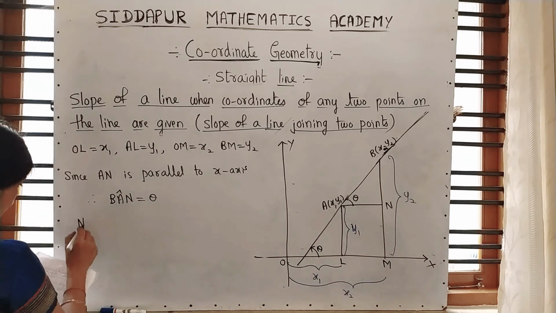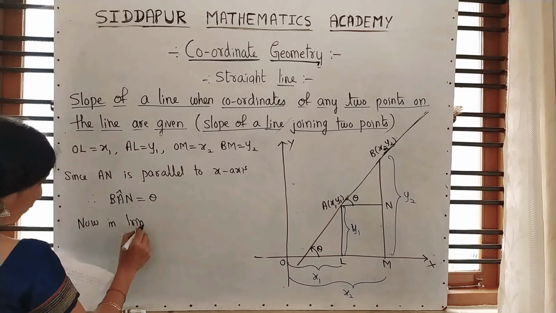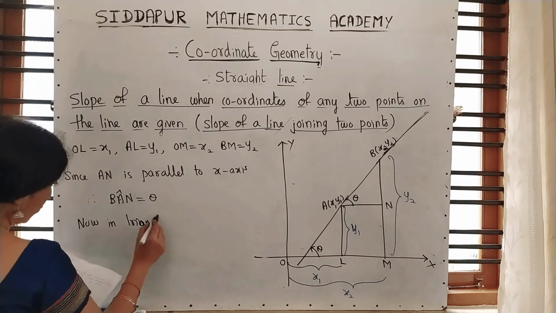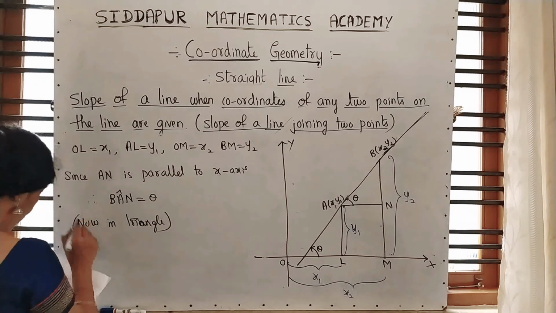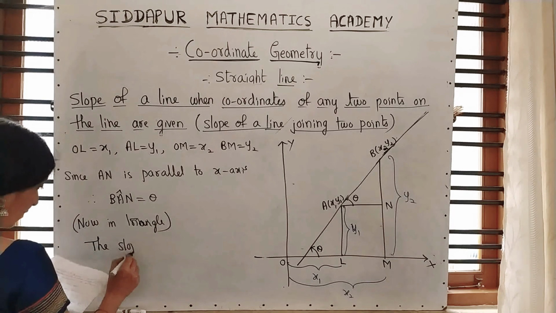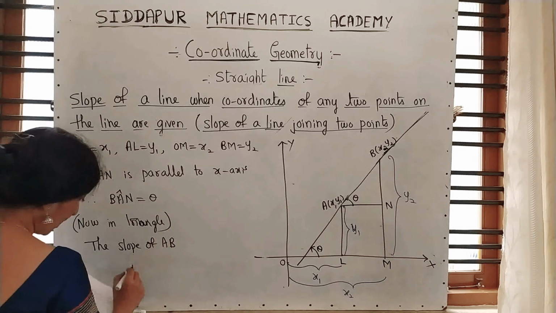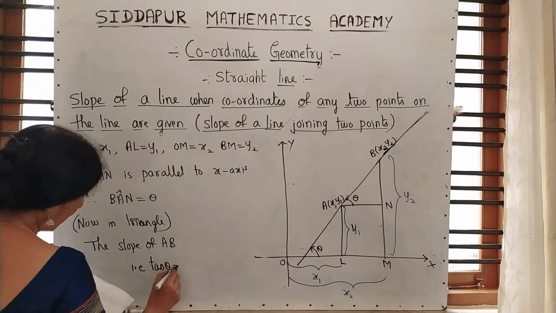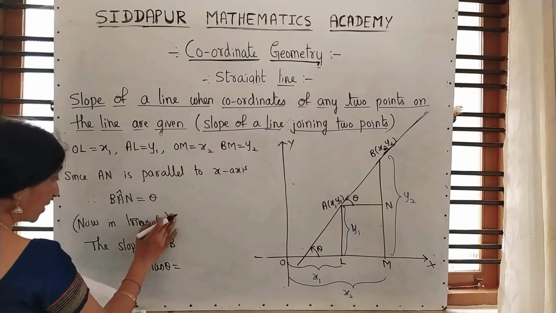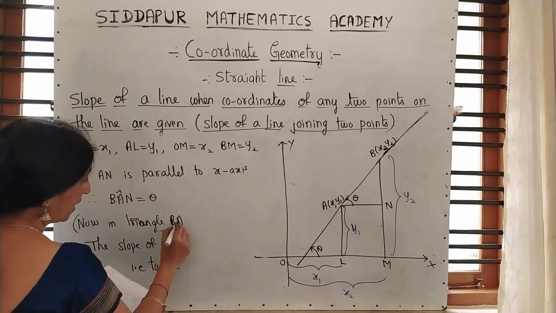Now in the triangle, this is for students' information. No need to write that. The slope of AB, how are you writing it? That is tan theta, and that we are writing from the figure. That is for student information. No need to write this. From the triangle BAN.